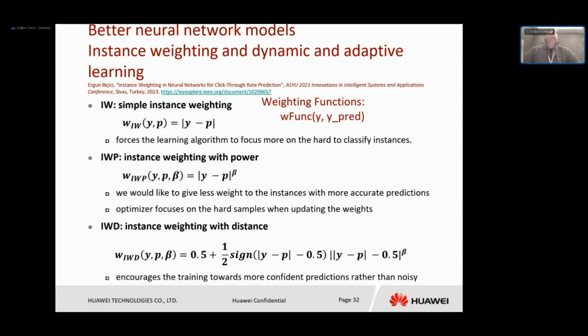So to achieve this, we incorporate this distance into the weighting function, and we give less weight to those instances that are distant from 0.5. So 0.5 distance is a threshold that we use in this model.